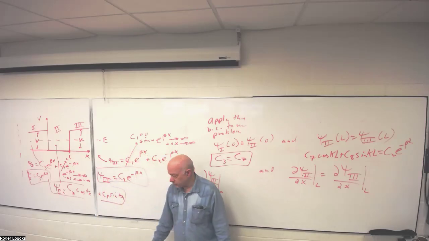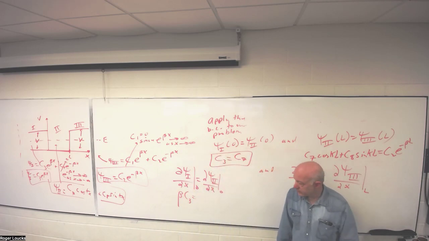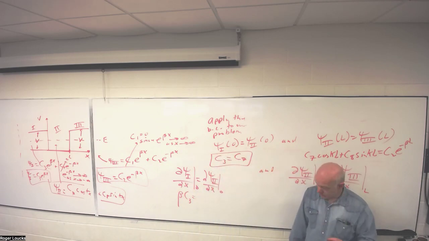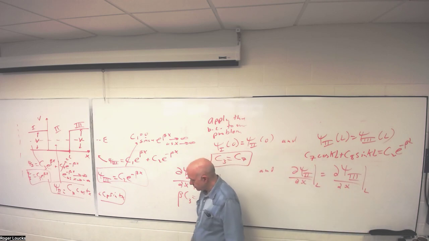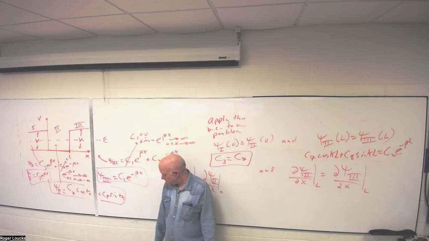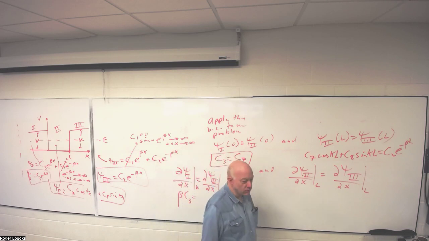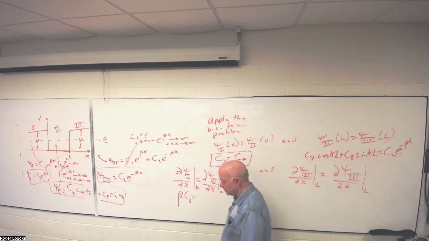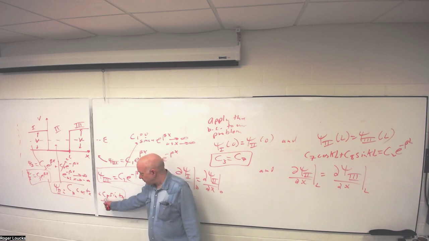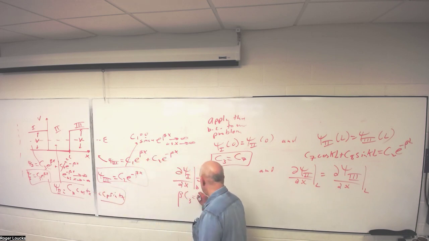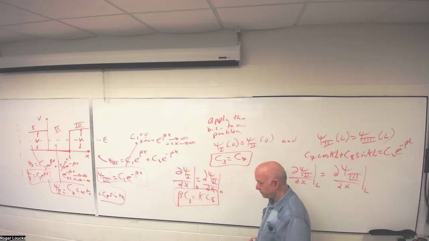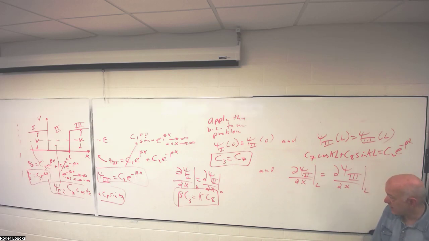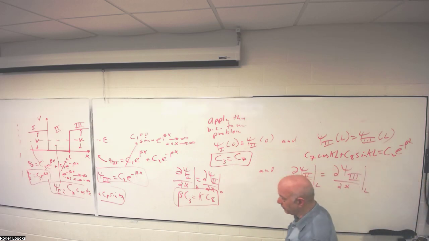Here's my buddy psi 2. The derivative is minus K C7 sine of KX plus K C8 cosine of KX. Evaluate that at x equals 0. What do you end up with? K C8. So this will become K C8. Boom. Okay, buddy over here, what does this one give us?